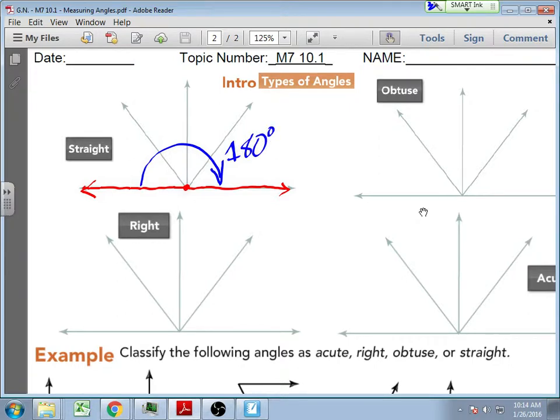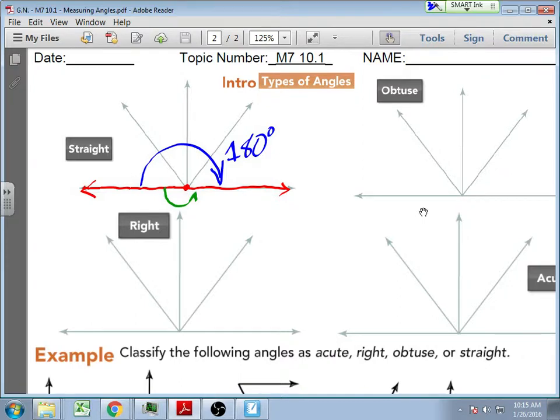All straight angles measure 180 degrees. If you need a visual for it, if I start looking straight forward, I can go 180 degrees to the right and be pointing straight backwards, or I can go 180 degrees to the left and end up pointing straight backwards. Doesn't matter what direction. You can go 180 that way or 180 this way. They're both going to be equal.